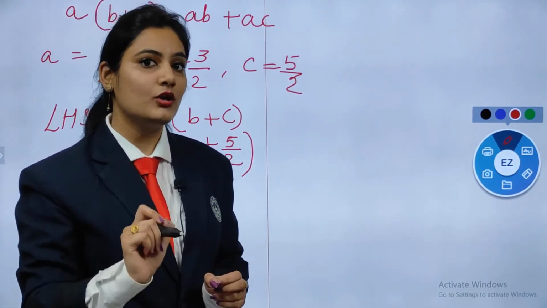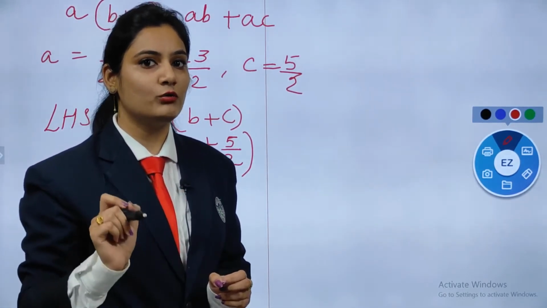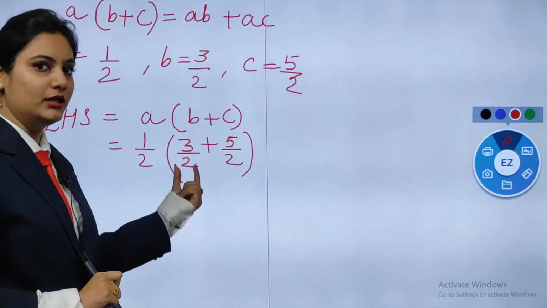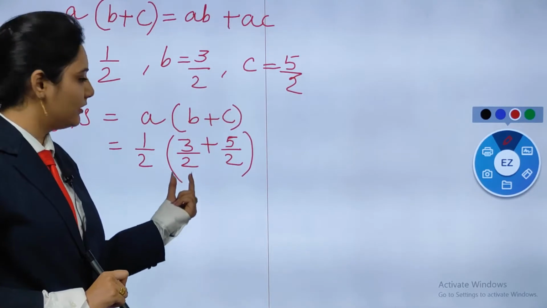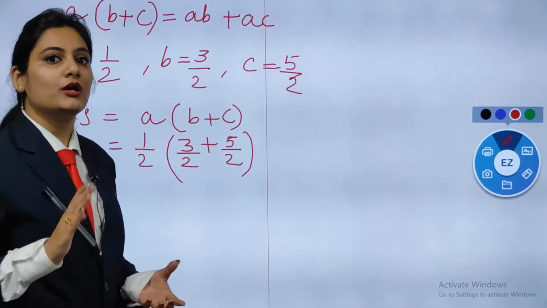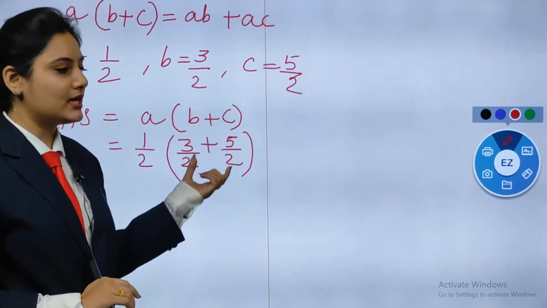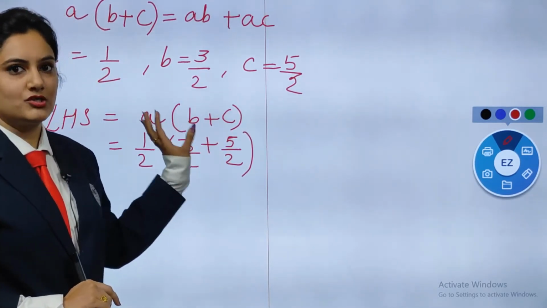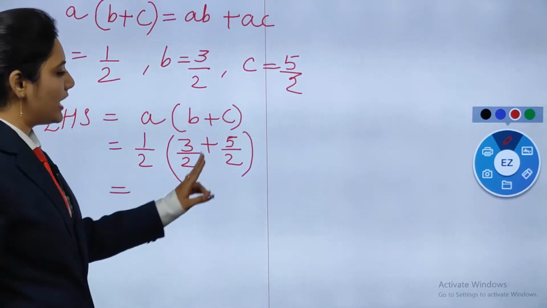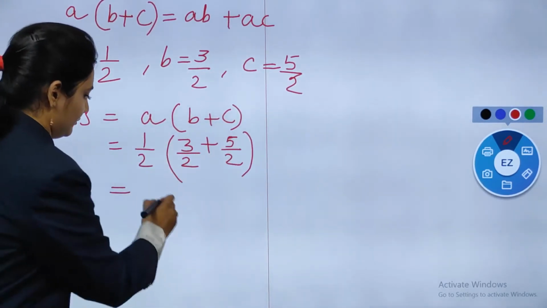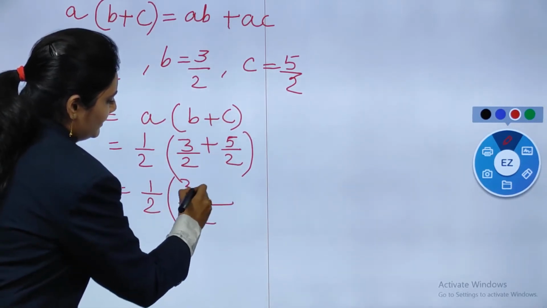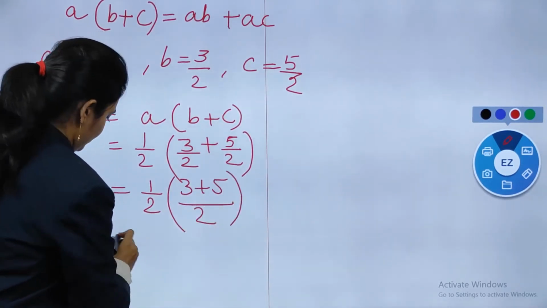If the denominator is not the same, you will do the LCM. But here the denominators are the same, so you will not do the LCM, you will just directly add or subtract whichever operation is given. Here addition is given, so I will add 3 and 5. The first step is 3 plus 5, that is 8.